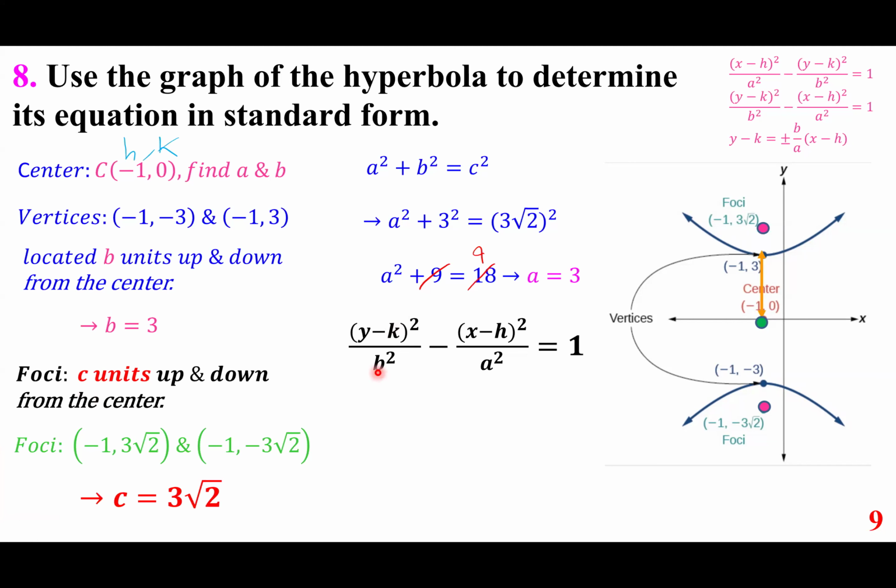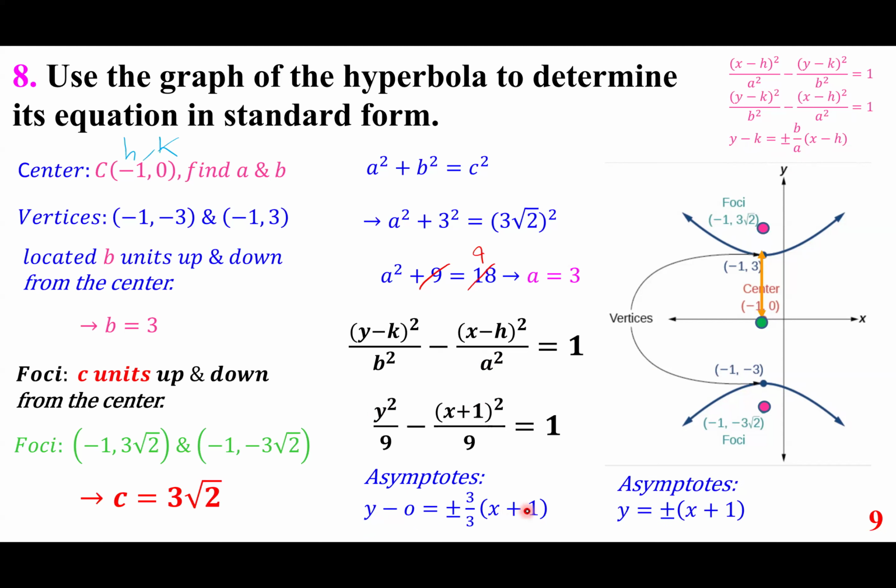So y squared over b squared, 9. x minus h, x minus negative 1, x plus 1 squared over a squared, that is also 9. So we got that. For the asymptotes, y minus k, that means y, equals plus or minus b over a times x plus 1, which is 3 over 3 times x plus 1. So plus or minus x plus 1, and you can graph it. And that's the final answer.